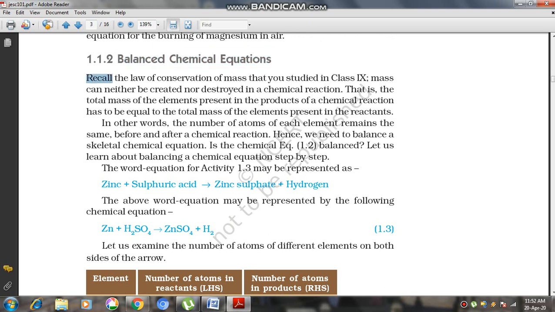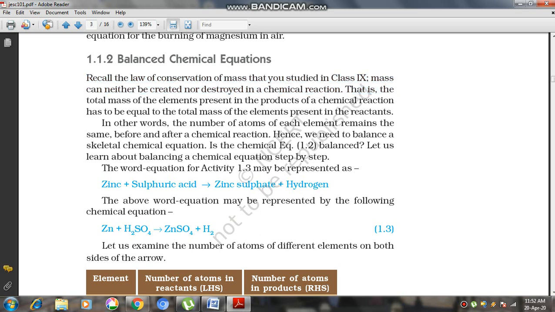Recall the law of conservation of mass that you studied in class 9. What is the conservation of mass? Mass can neither be created nor destroyed in a chemical reaction. So for a chemical equation to be balanced, the mass must be the same for reactants as well as products.